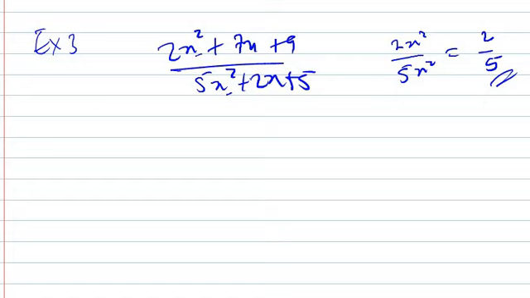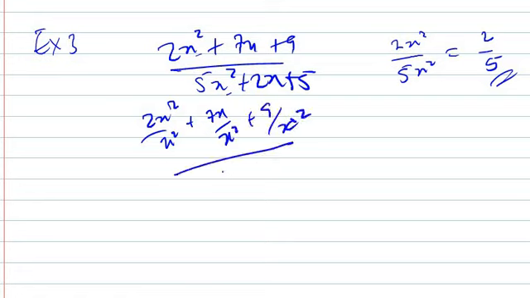So let's compute it and see. The highest power is x squared, so we divide through: 2x squared over x squared plus 7x over x squared plus 9 over x squared, all over 5x squared over x squared plus 2x over x squared plus 5 over x squared.